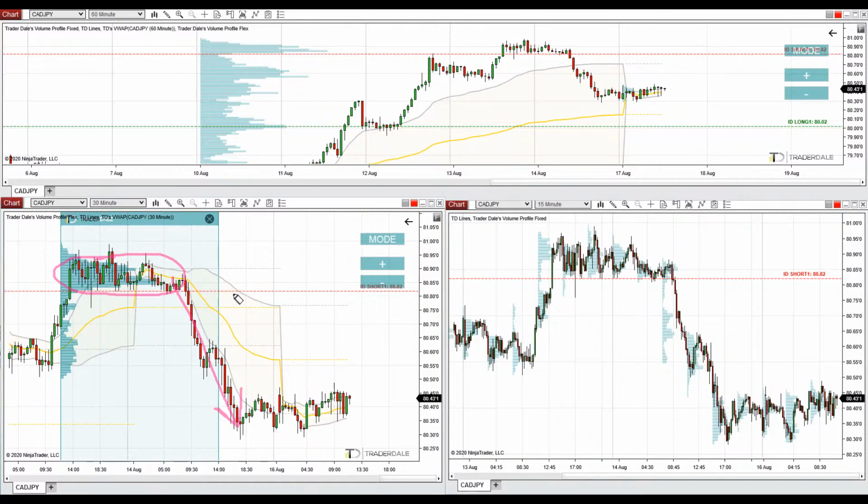Now, you've probably noticed that the resistance which I placed at 80.82 is a little bit below the heavy volume cluster, which has its peak in here around 5 pips above the level.